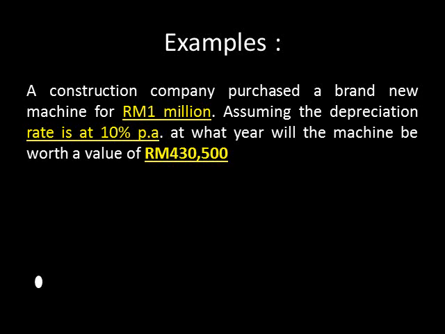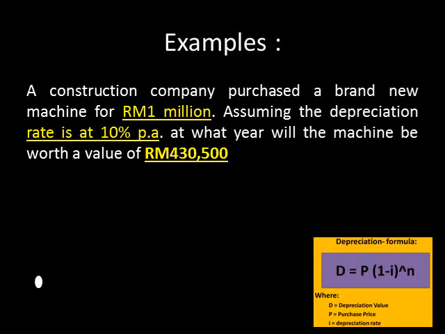At what year will the machine be worth 430,500 ringgit? This one is the opposite situation. Previously 8 years was given and you calculated the value. But now the value is given and you need to calculate the age or the year of the machine.